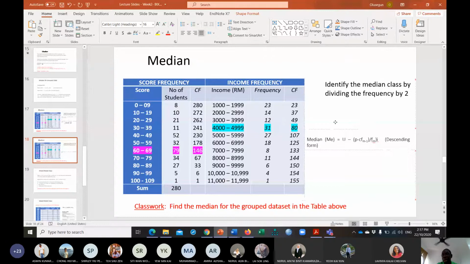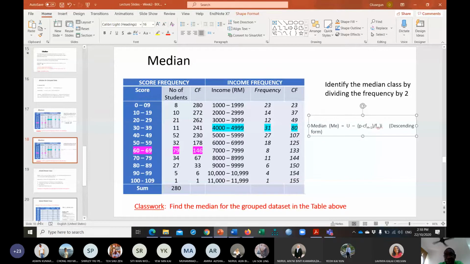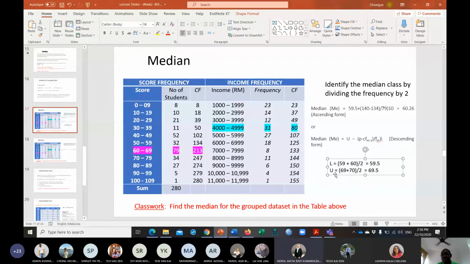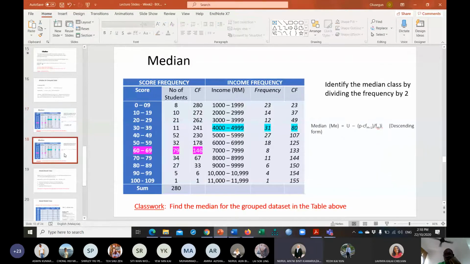Now our upper limit is 69.5. Can we recall that from here? Yes, our upper limit is 69.5. Okay, let's try and fix 69.5.